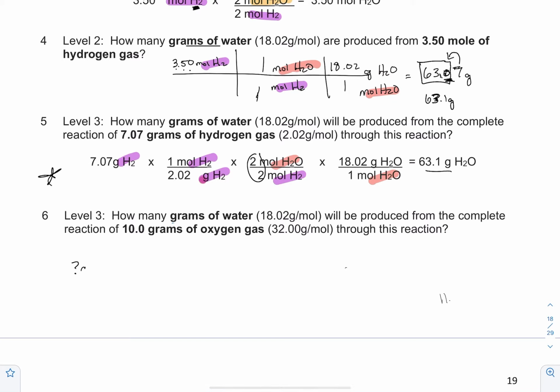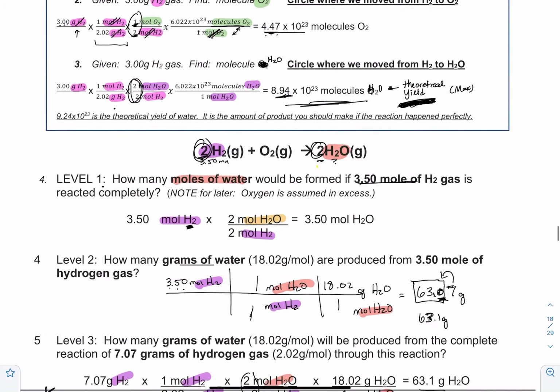You're going to do grams of water, and you're going to take 10.0 grams, and this time we're talking about oxygen. We're going to get rid of grams of oxygen and we're going to go to moles because we know we want to head towards moles because we are trying to get to something else. We're starting with oxygen and we're converting it into water.